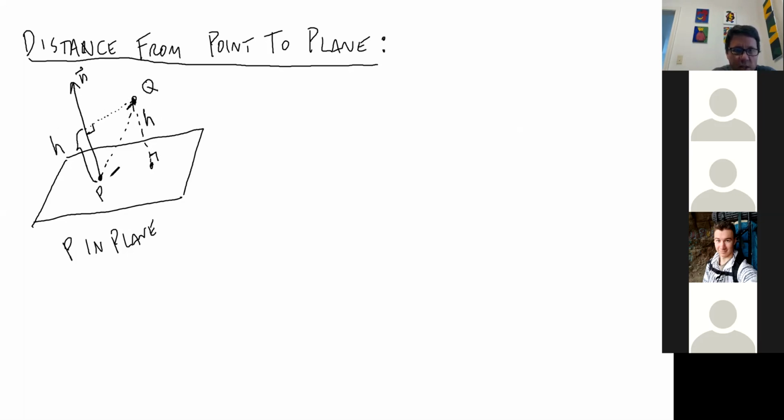You get a nice little rectangle going on here. So this distance will be the same as the top distance, and then the h's will be the same. It's getting cluttered, but that vector right there is exactly the projection, or the shadow, of PQ onto N.